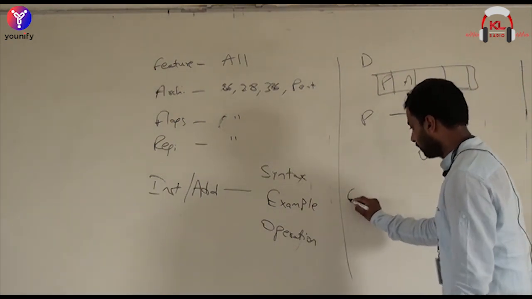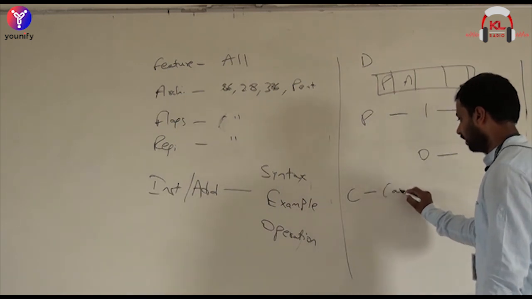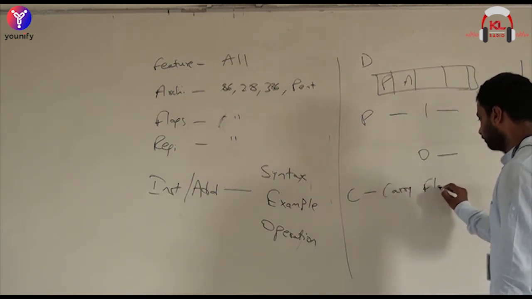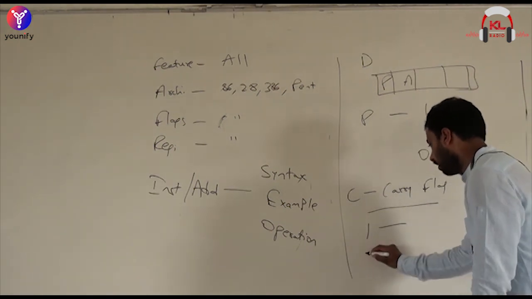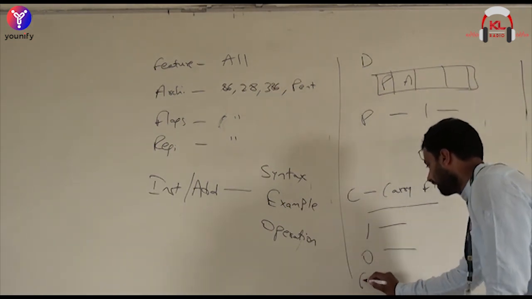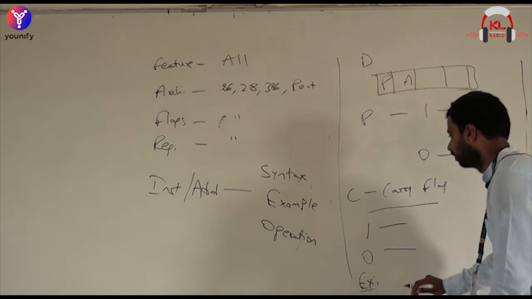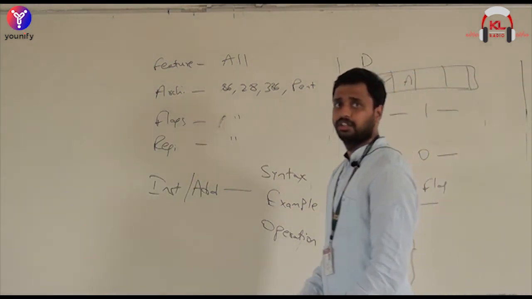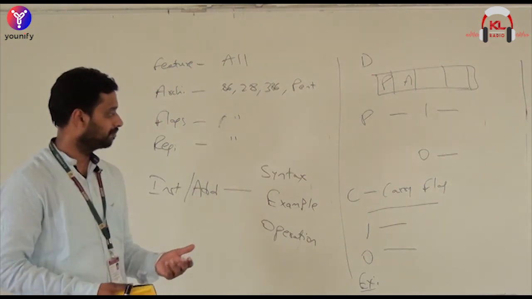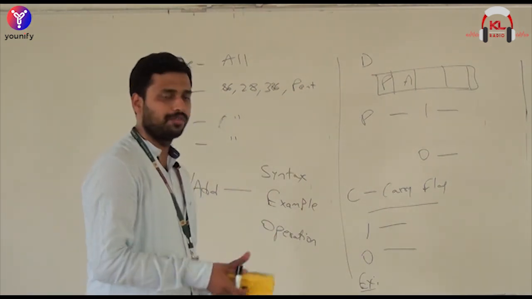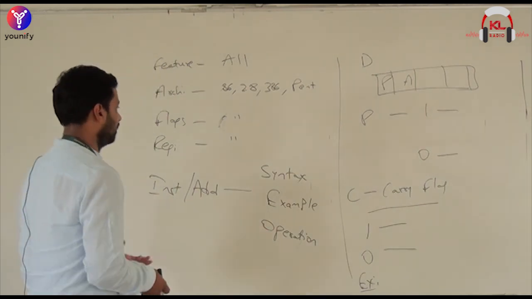Or you want to explain a carry flag, so put C. So C is a carry flag. When does it execute and what is 1 and what is 0, maybe an example. So this is the order that you have to follow when you are attempting the exam, which will help the evaluator evaluate your paper in a much better way.